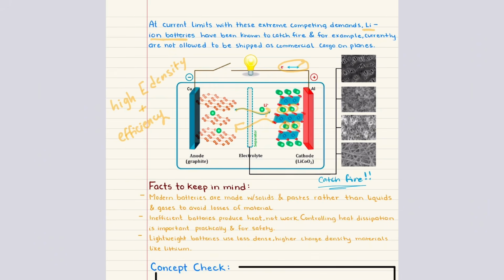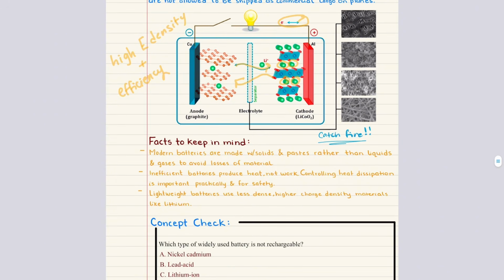With that being said, there are a few general engineering principles that apply across modern battery systems. Most batteries today use solids or pastes rather than liquid electrolytes to prevent the loss of reactive materials and also to improve safety during recharging. Any inefficiency in the electrochemical process shows up as heat instead of work.